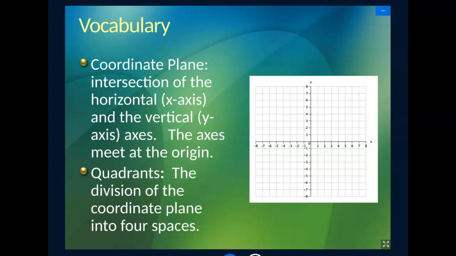The origin occurs at 0, 0. Is that better?